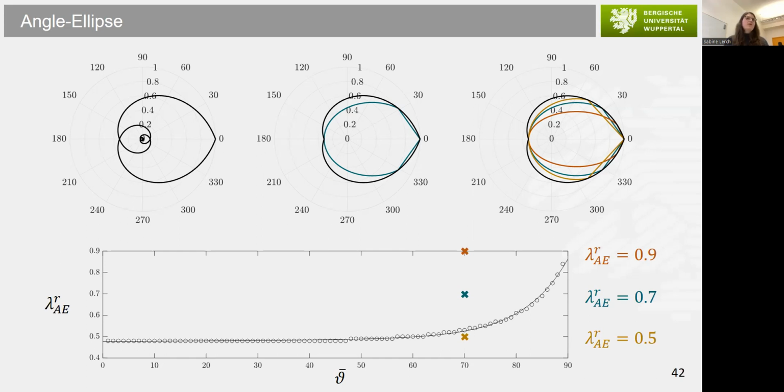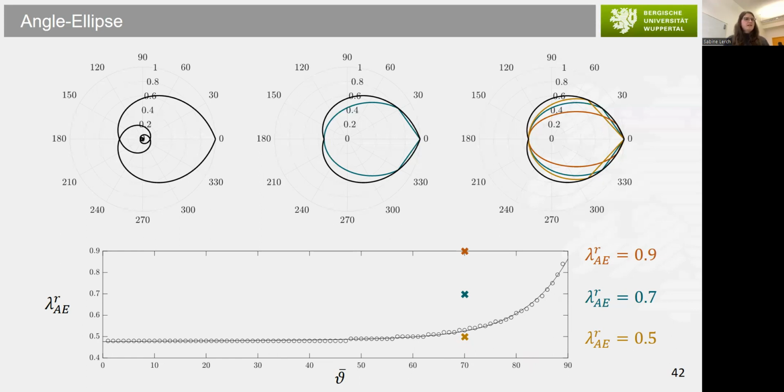So we get now an optimal fit for the angle ellipse by using the intersection point from this trend line depending on the damping angle theta. And now we call it theta bar because it's only an upper bound if we place the eigenvalues in the angle ellipse. And for the shown example of 70 degrees, it would mean that the optimal value is here close to the yellow one, so maybe around here.